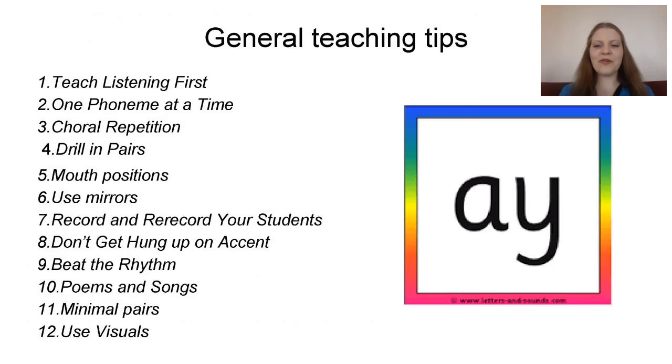The way you can break up the monotonous way is to change the speed or the volume you use, and have the students try and copy the speed and the volume as well as the pronunciation. This is another thing that I would recommend. And if you're teaching them a long word with multiple syllables, then you can start with the final syllable of the word and have your class or student repeat it.